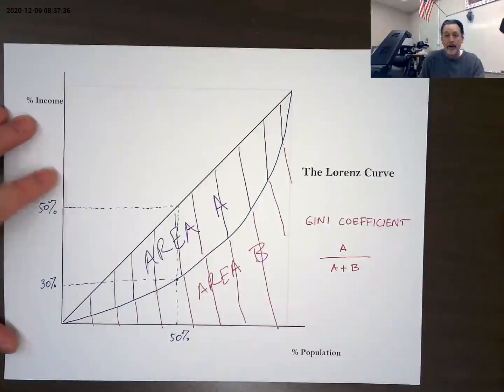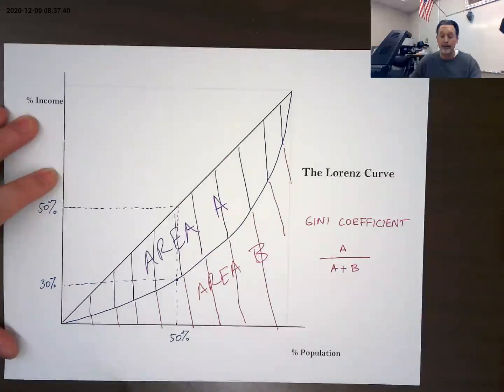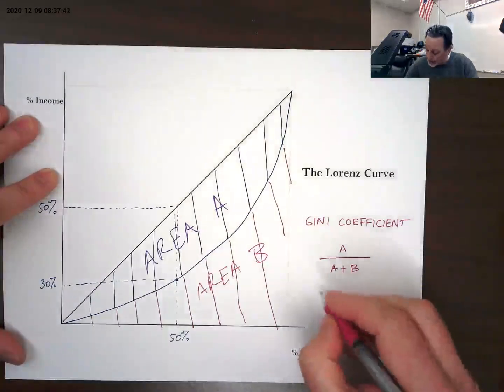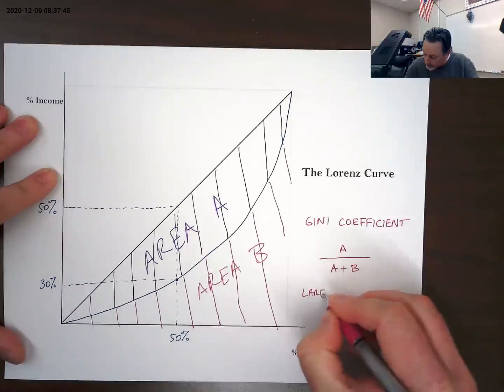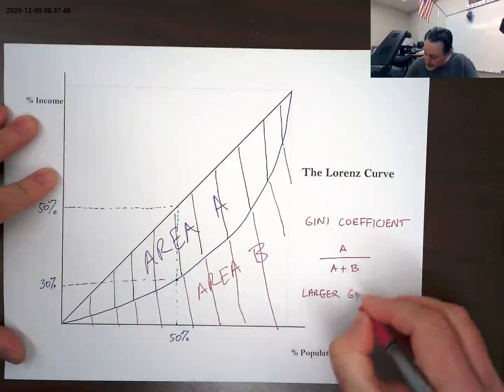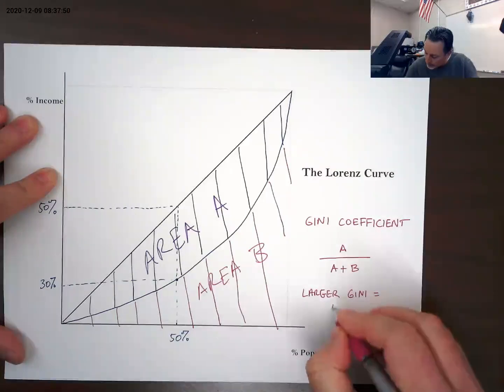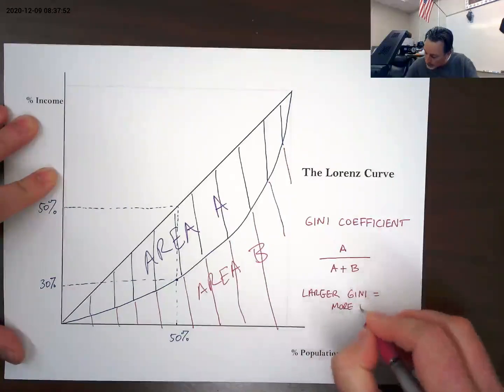The larger area A becomes, the more unequal societal distribution of income is. So Gini coefficients, larger Gini equals more inequality.